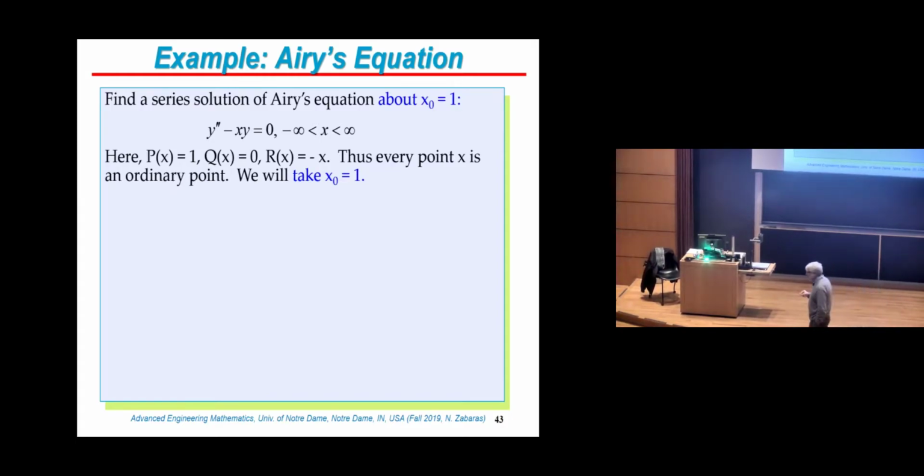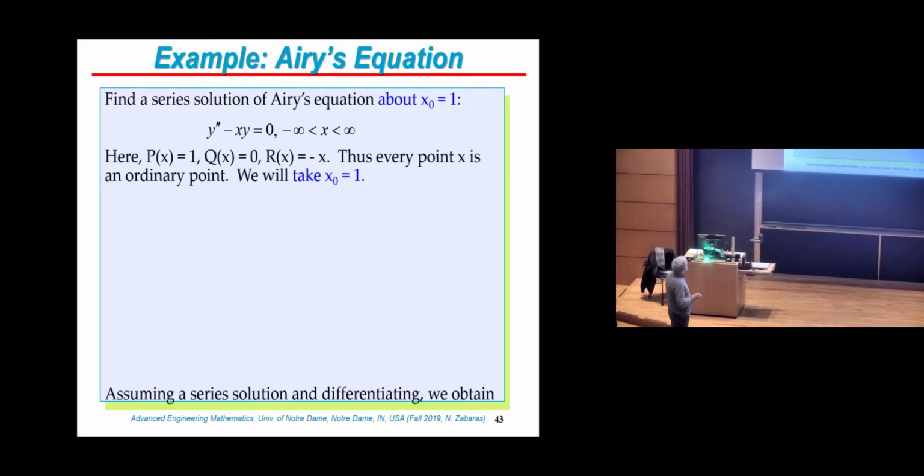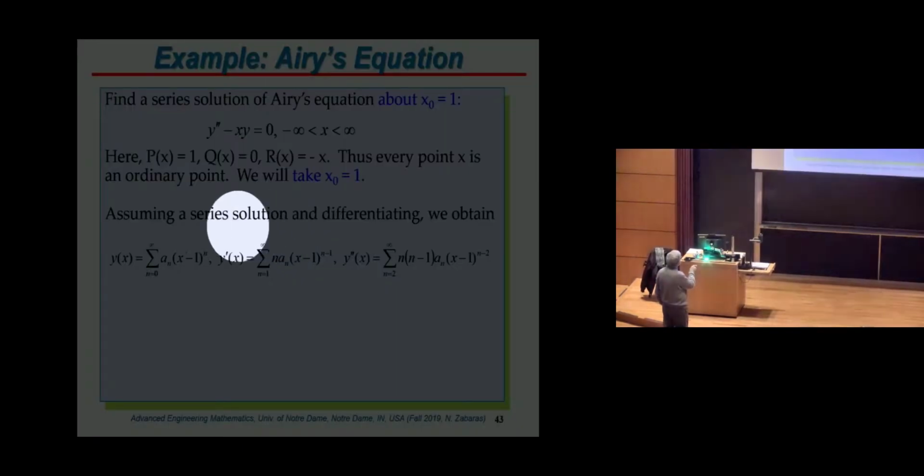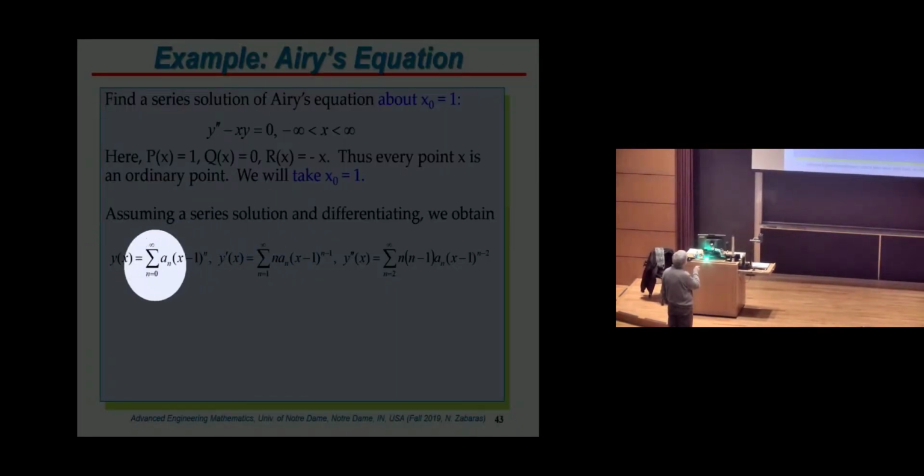You can find solutions around any point, and the series expansions may look completely different from each other. So we take an ordinary point and find the series expansion around x0 equal to 1, assuming an expansion of this form.